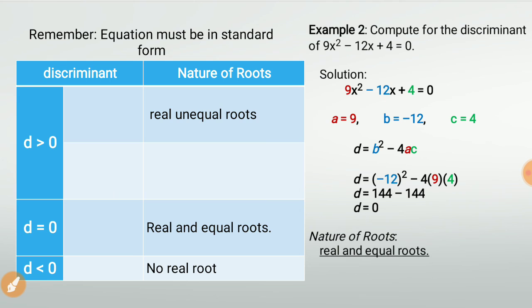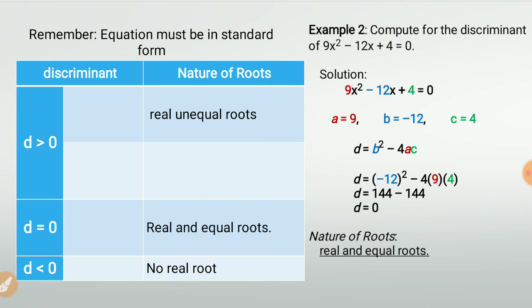So this is your final answer, that the equation has real and equal roots. Hope it is clear to everybody what is discriminant and how to find the nature of the roots of a quadratic equation.